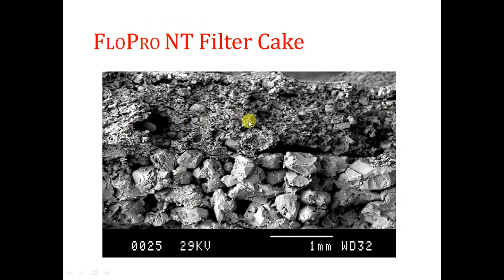As you see here, this is the filter cake. From the filter cake, you see that there is the bridging material, and it is covered with a plastering effect from the fluid loss additives, like for example, as I told you, Floetrol or other chemicals.